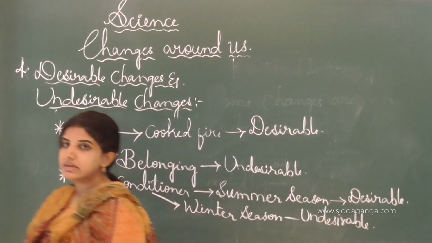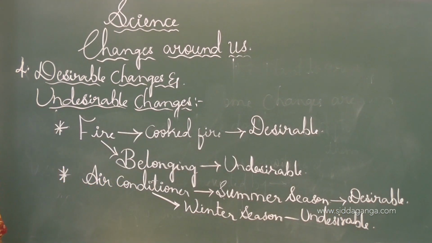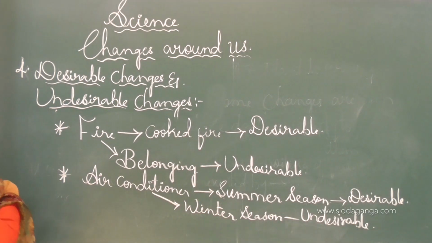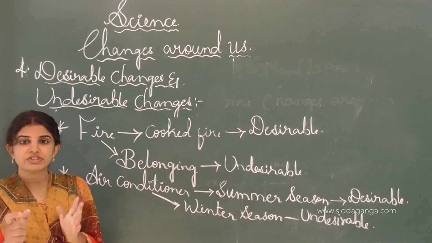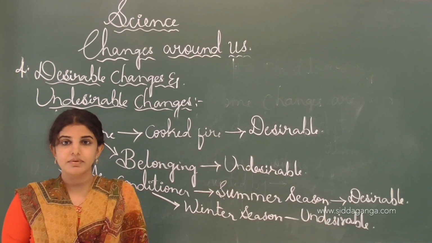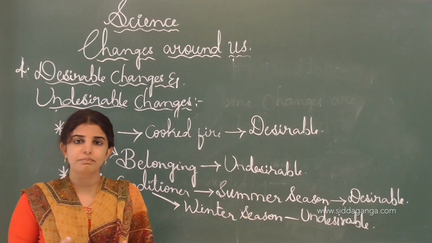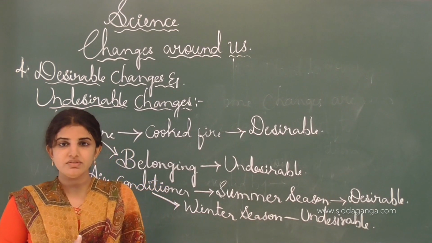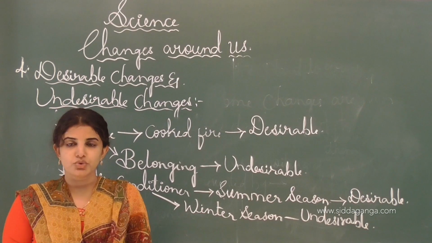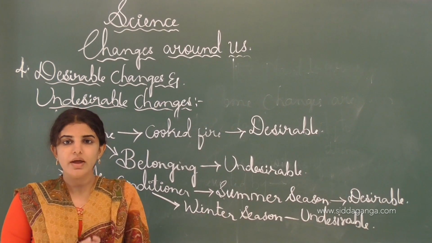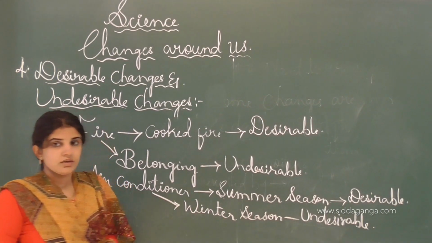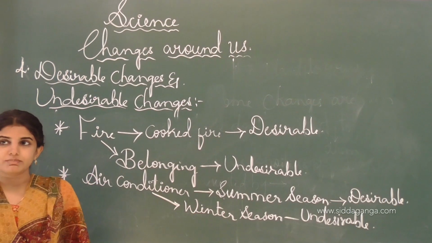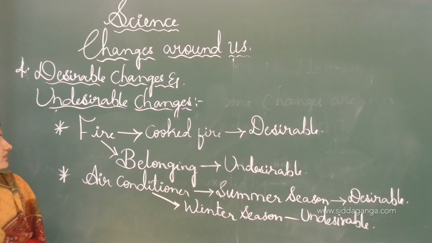This is how some changes will be desirable, whereas some will be undesirable in a particular situation and time. Desirable changes are those which are useful to us and we want them to take place. Undesirable changes are those we do not want to happen and which are harmful to us, like spoiling of the food and accidents.